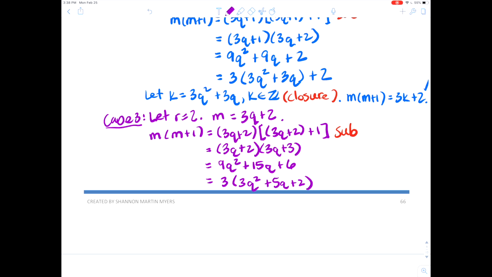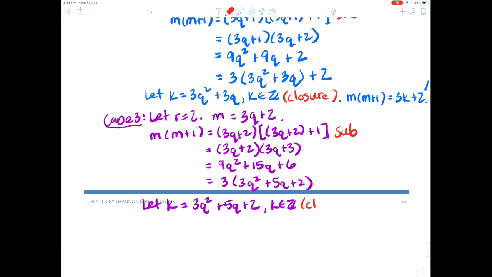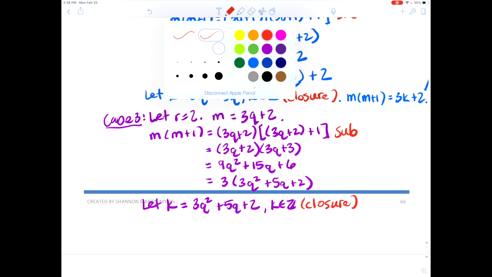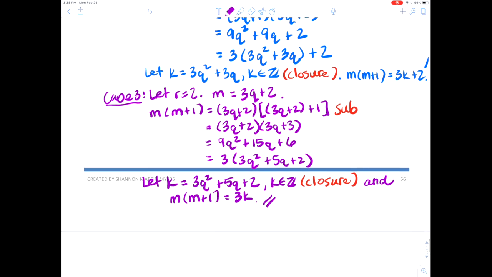So what do we do next? We let k equal to 3q squared plus 5q plus 2. k belongs to the integers because why? Closure properties. And m times m plus 1 is equal to 3k. So we have shown all 3 cases and we're done.